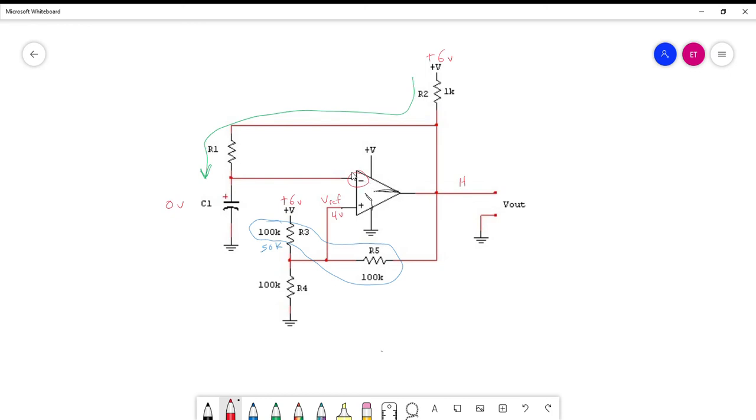You remember what happens when this input wins. So as soon as the capacitor goes past 4 volts, the minus input wins and the switch closes, right? And so now the output goes low.